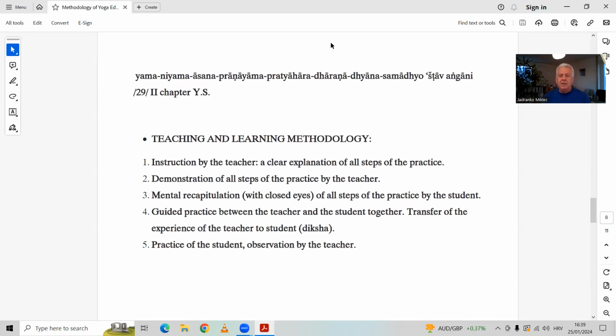And in that way, you will also see whether the teacher is really the teacher, whether he knows what he is speaking about. So this is not some kind of disrespect to the teacher. The student is not there to bow down to the teacher, to obey the teacher and follow dogmatic teaching.